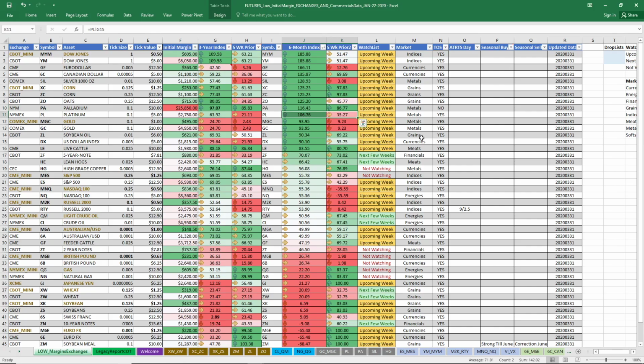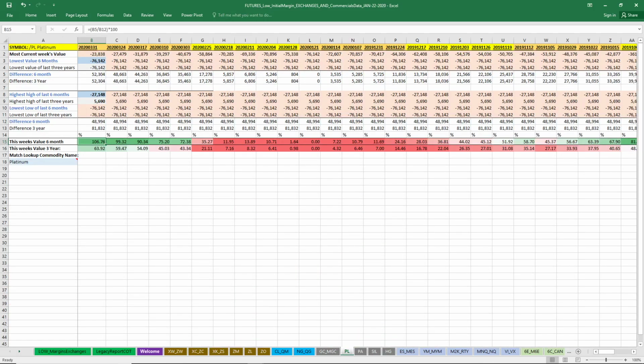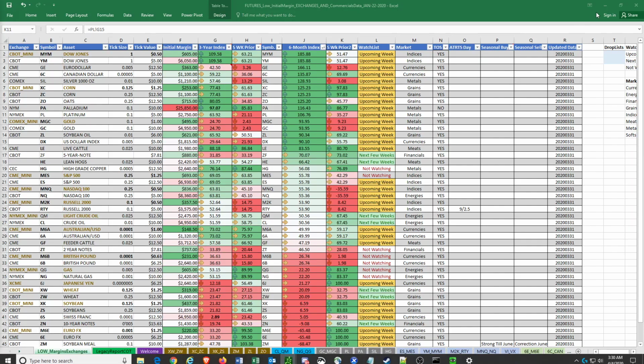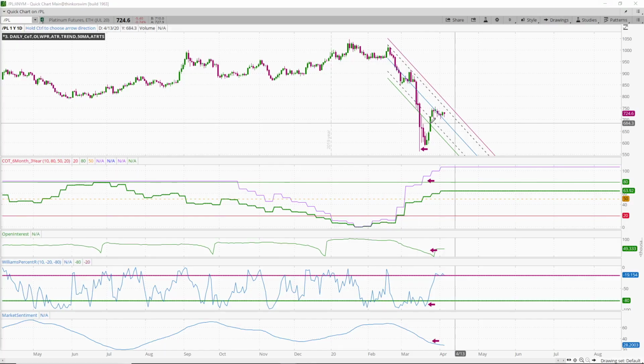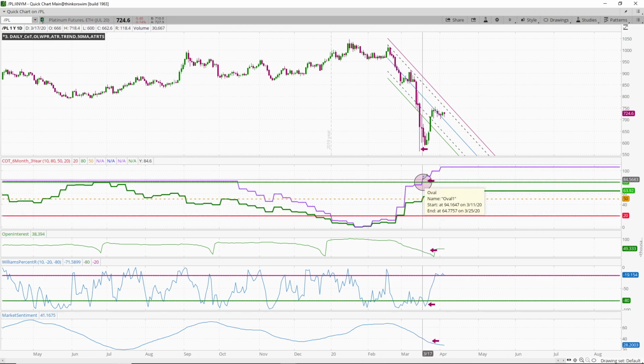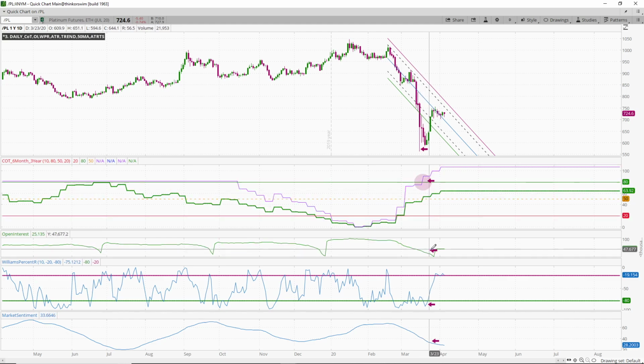Platinum in the same boat. Still something to watch in the upcoming week. So platinum, did they come down a bit? No, they're up on platinum. Haven't looked at the platinum chart, but it looked good as a leading indicator when they're breaking into, on the 6-month index at least, extremely positive territory with diminishing or relatively low open interest, WPR in the oversold range, and market sentiment moving down.